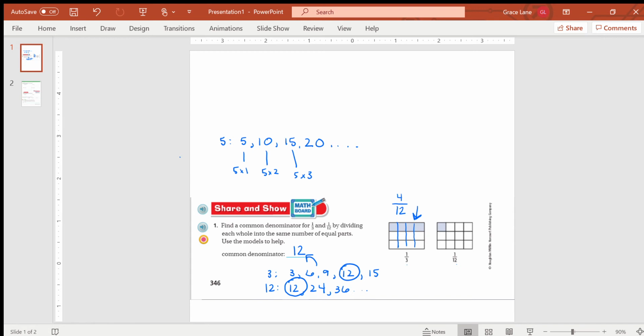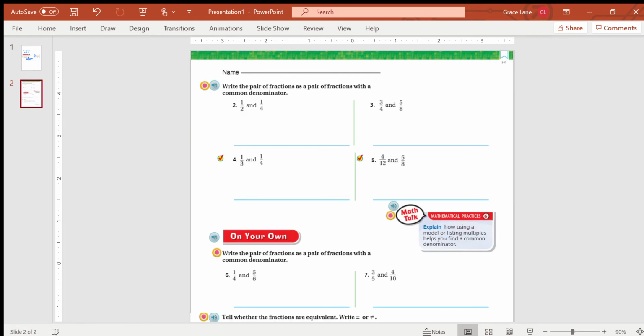So go ahead and flip to the next page, page 347, and we're going to practice using common denominators, but there's actually one more step. It says write the pair of fractions as a pair of fractions with a common denominator. So 1/2 and 1/4. First you need to figure out what the common denominator is going to be for 1/2 and 1/4. I'm going to list the fractions over here.